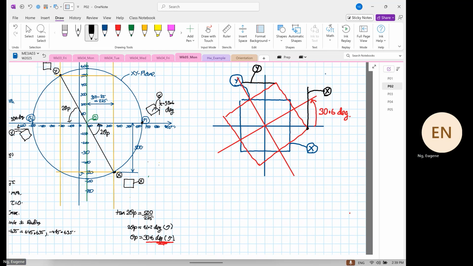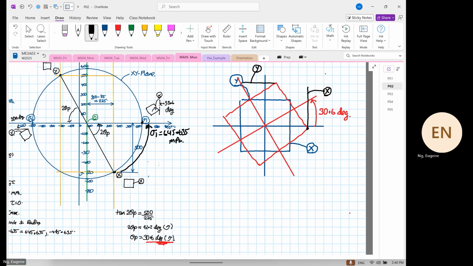The next thing I want you to do, don't write anything. Watch the screen. If we were to look at Mohr circle, from point X, if I rotate by 61.2 degrees, I get a stress state of sigma 1, which is equal to 645.635 megapascal.